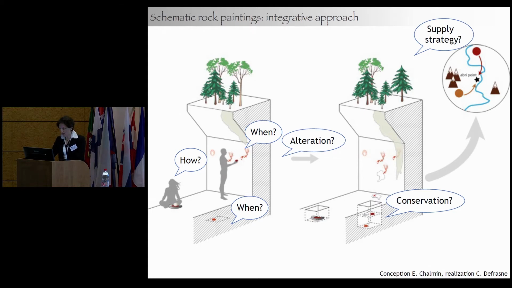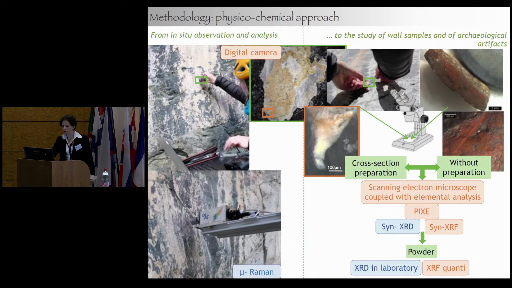I want to focus more today on this physicochemical approach, from the in situ observation to the analysis of the wall sample and archaeological artifacts. First, we try with a digital camera and portable instruments such as Raman spectroscopy to study the paint directly in situ.